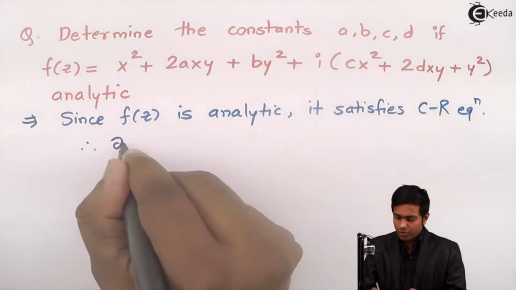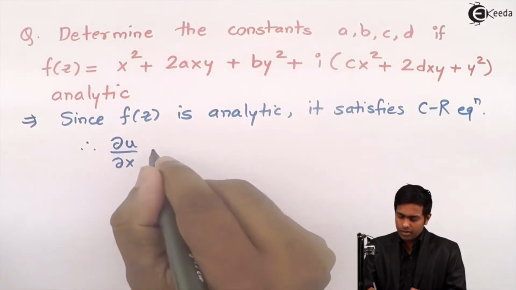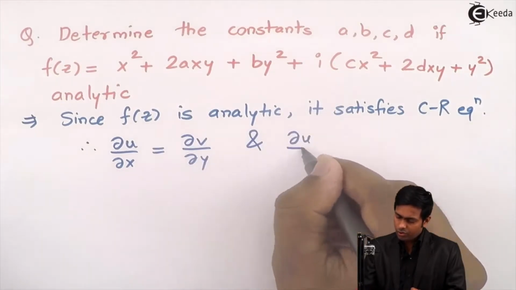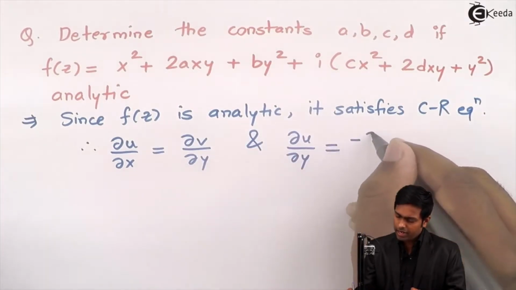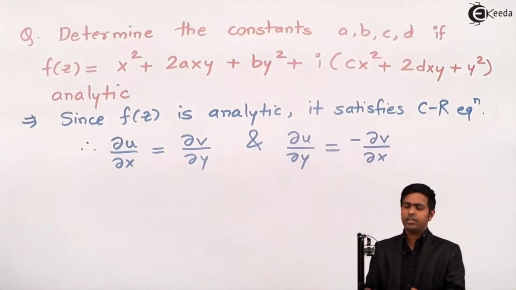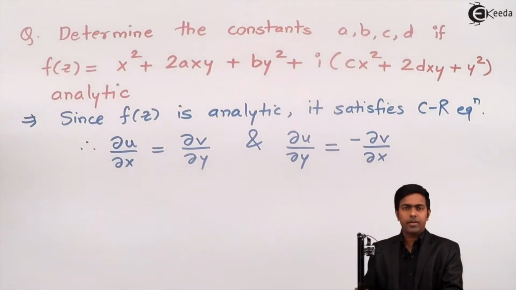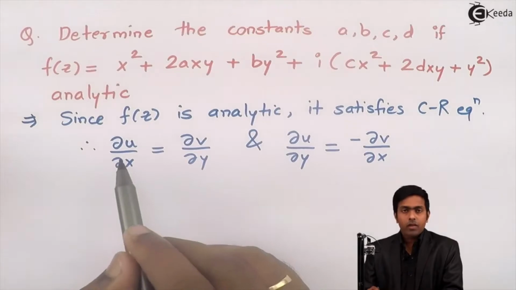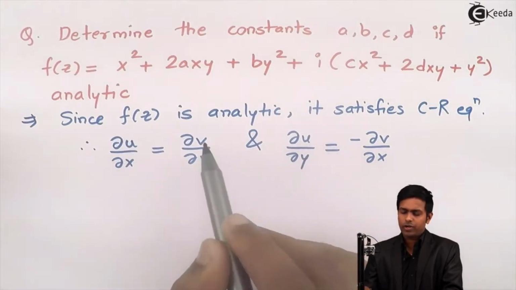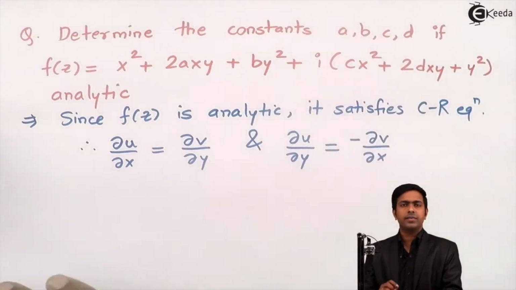They are ∂u/∂x = ∂v/∂y, and ∂u/∂y = -∂v/∂x. So now let's find the values of ∂u/∂x, ∂u/∂y, ∂v/∂x, ∂v/∂y, substitute here, and we'll get the values of a, b, c.